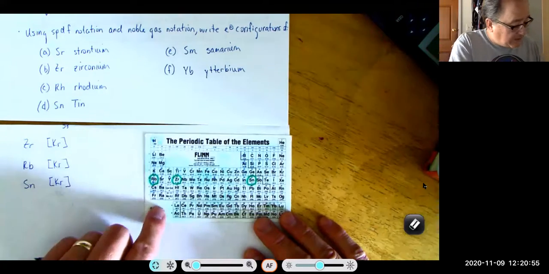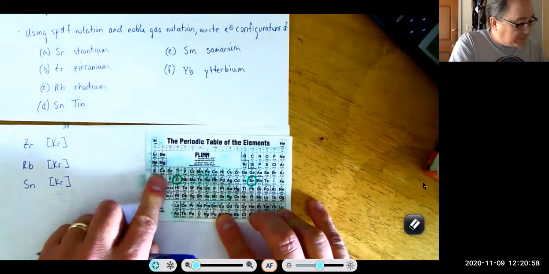Oh, I got rubidium, not rhodium. Where's rhodium?